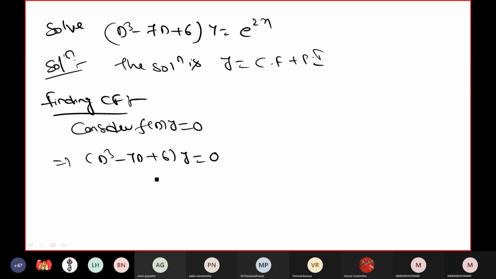So what is one of the roots here? Anyone? One of the roots. 1, sir. 1 is a root, right? Because the sum of all coefficients will be 0.